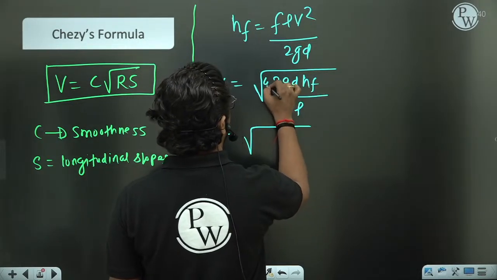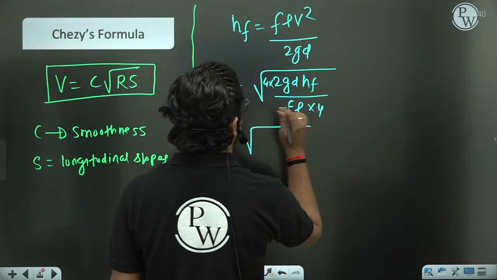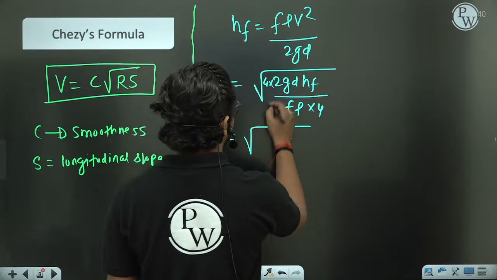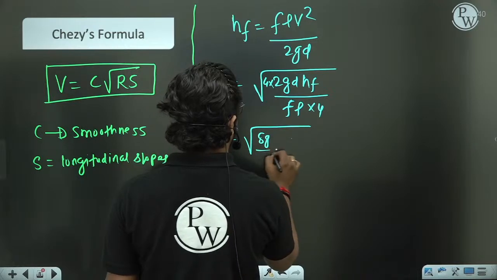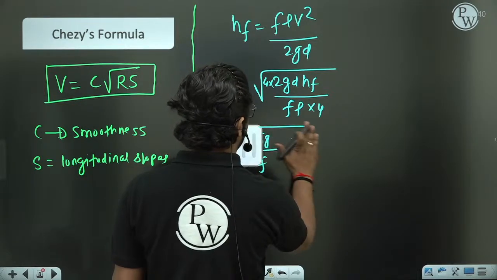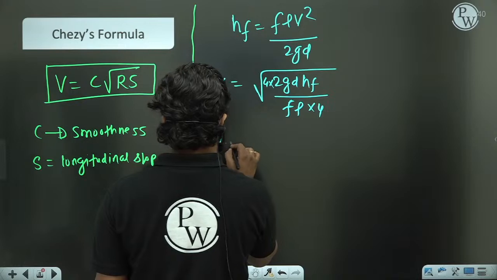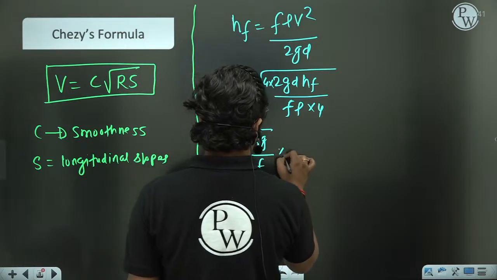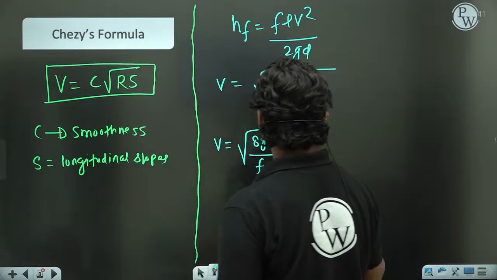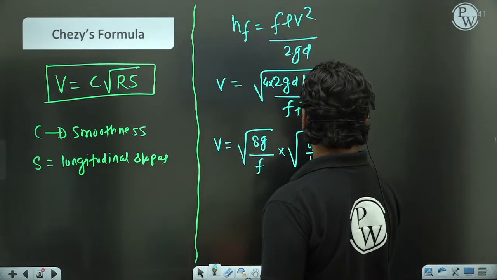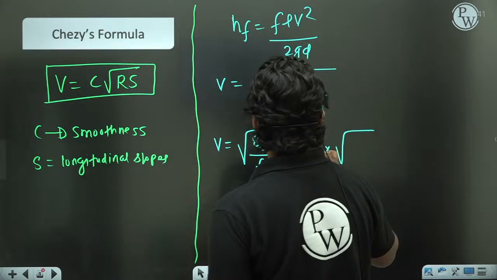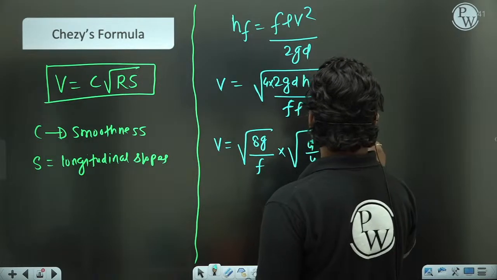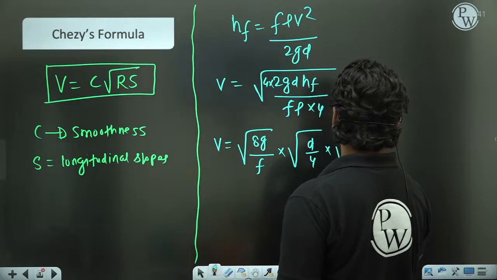Here I'm multiplying 4, here also I'm multiplying 4. So this becomes 8g by f. Let me write it clearly. I'm separating out everything. This becomes D by 4, and this becomes hf by L.